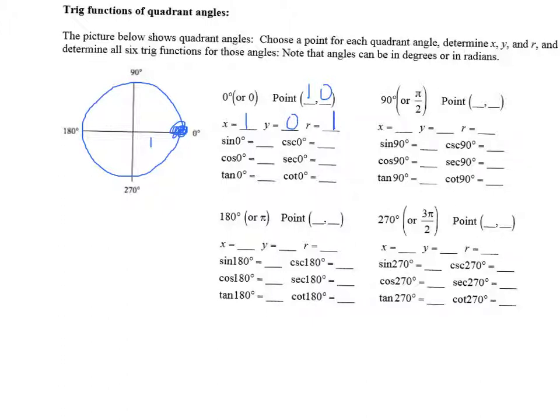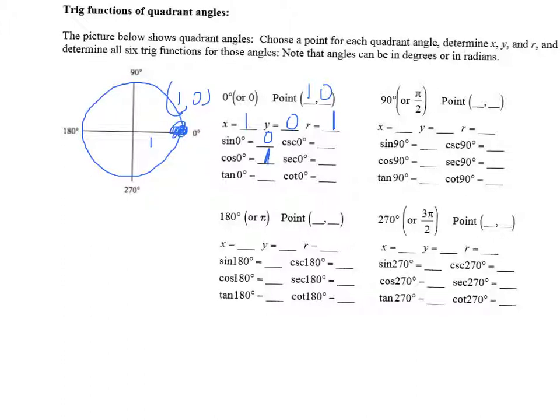The cosine is the x-coordinate, the sine is the y-coordinate. So the sine of 0 is 0, and the cosine of 0 radians, or 0 degrees, is the x-coordinate, which is 1.